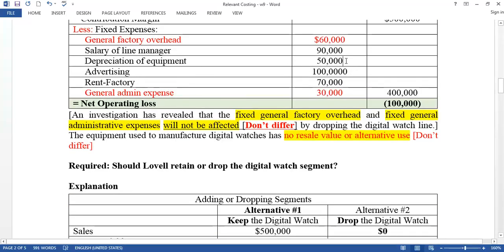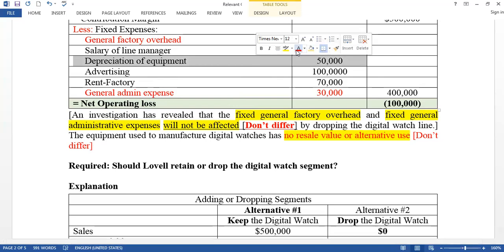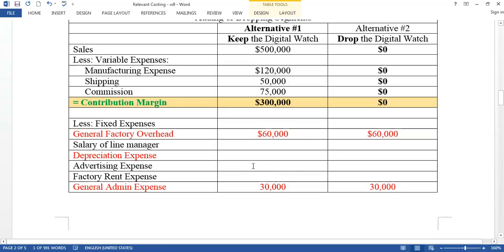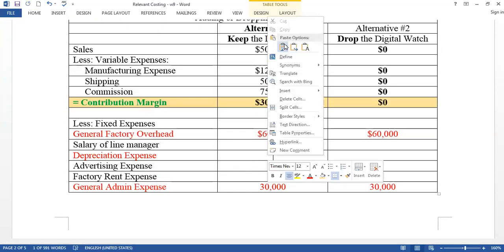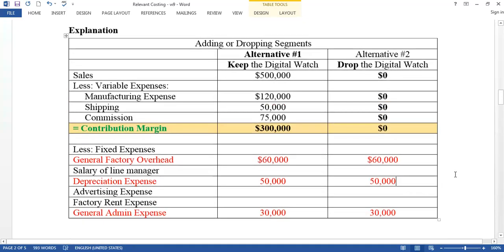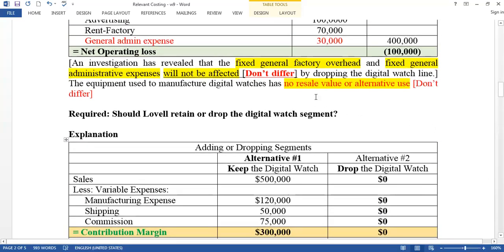So this $50,000, depreciation of equipment, okay, we cannot use this amount anymore because there is no resale value. There is no resale value of this equipment, whether we keep it or whether we drop it, there is no difference. I repeat here again.